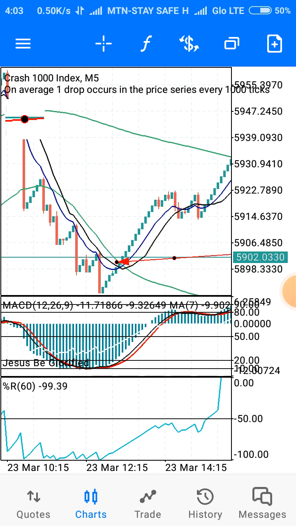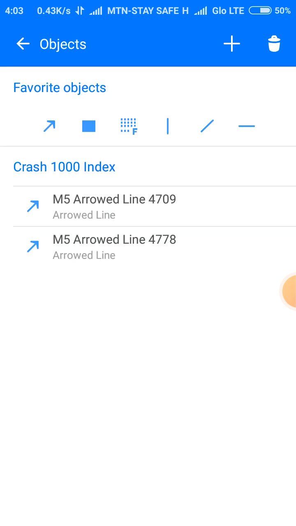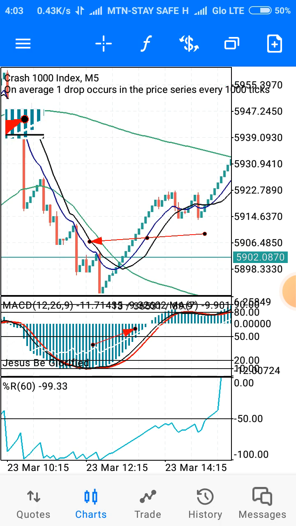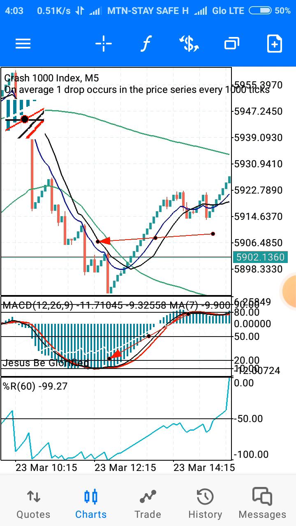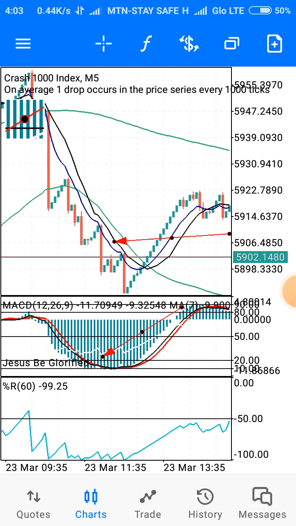So you begin to pay attention to it, and in doing that, you begin to look at your indicator window 1, which is your MACD histogram. You see that your MACD histogram is at the level of 10, and then the MACD line is making a cross between that 10 and 20.